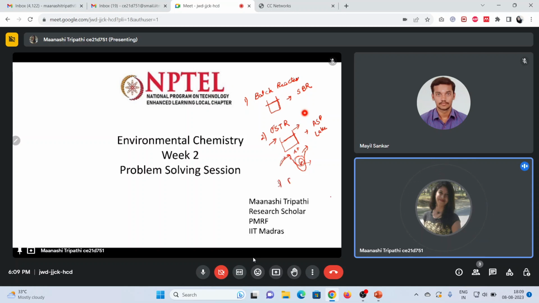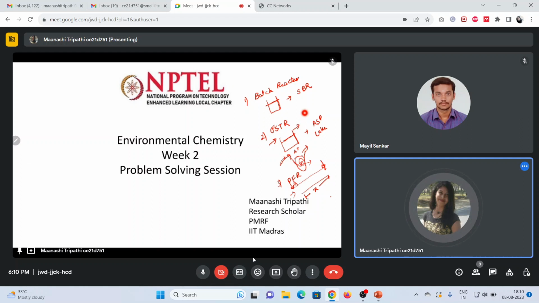Third is the plug flow reactor. Here the basic thing is about length. A river is one example. If we put any pollutant at this point, what is the concentration at another point? It depends upon the length, how much the pollutant is degraded over this length. Mostly it will be degraded if we are talking about a river.